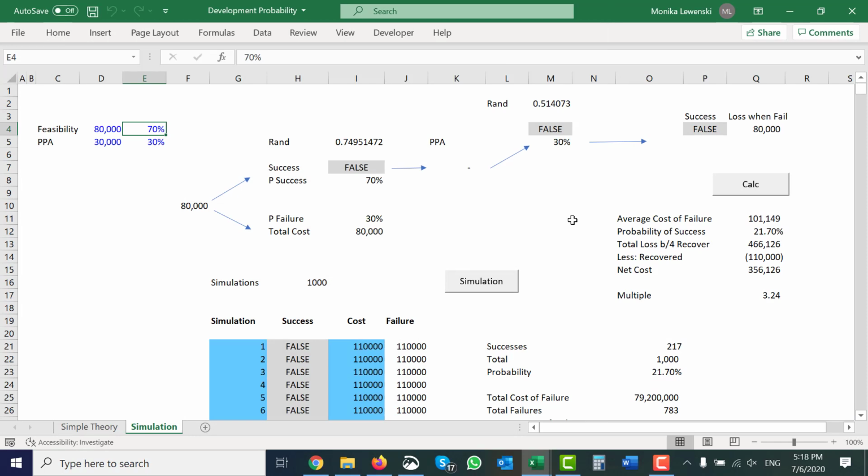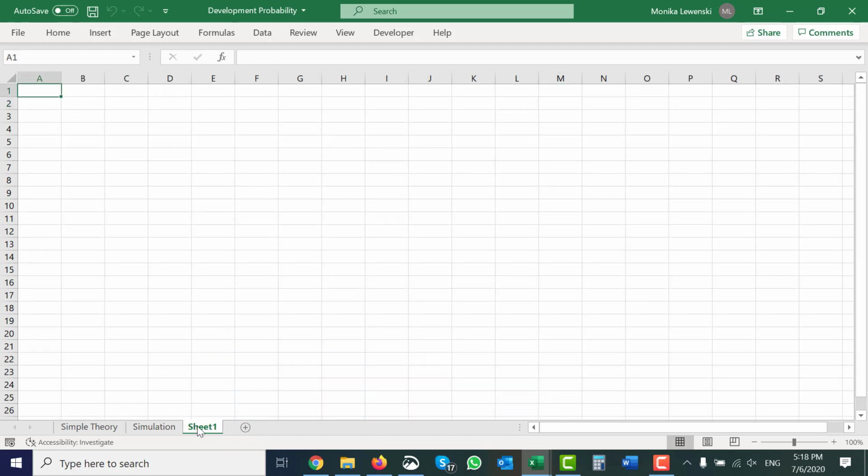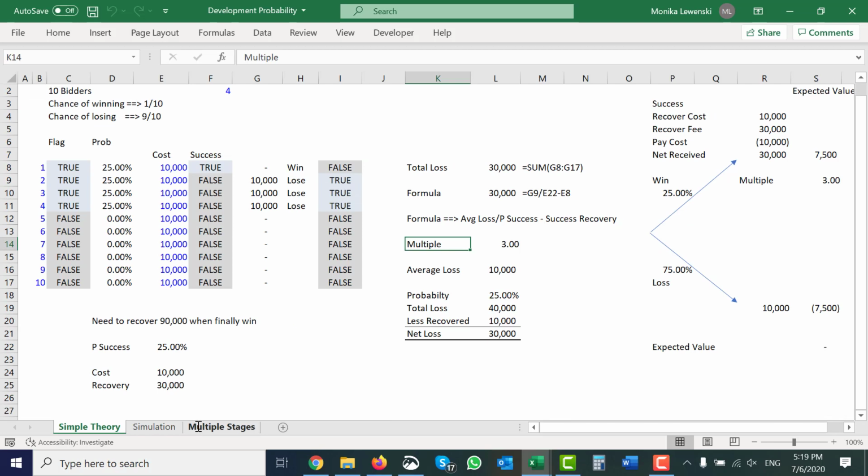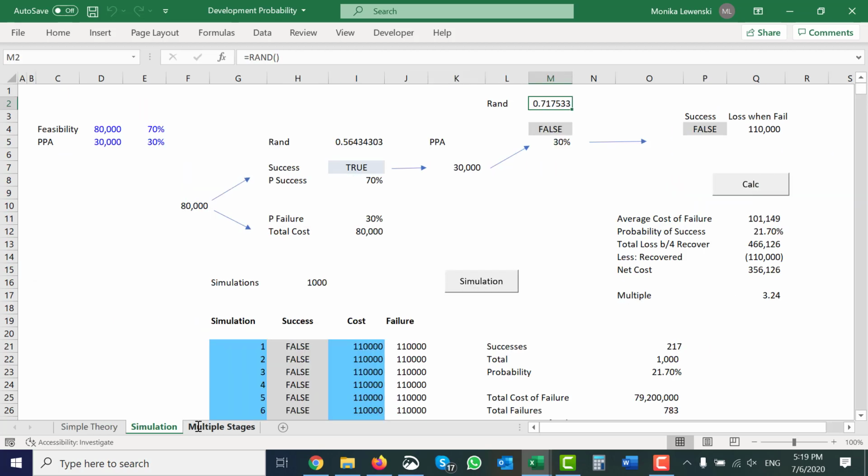If we have multiple stages and multiple gates, all we'd have to do is, and I'm going to do this here, but I'm not going to do it for this file, and I don't feel like doing it today, this is like our stage one probability, stage two probability. We can figure out what the true cost is and what the true cost of losing all those cases are.